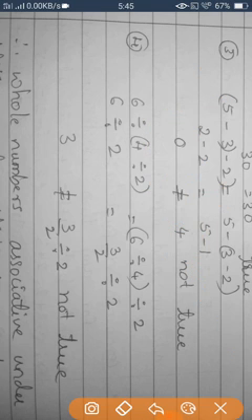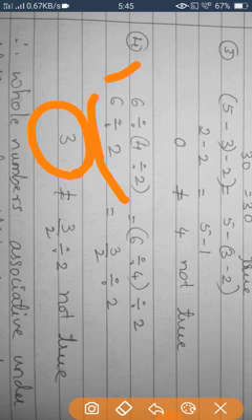Then what about division? We can check by an example. See here, I have written 6 divided by 4 divided by 2. 6 I have written as it is because it is not in the bracket. So 4 divided by 2, it is division, the answer is 2. Then 6 divided by 2 is 3.